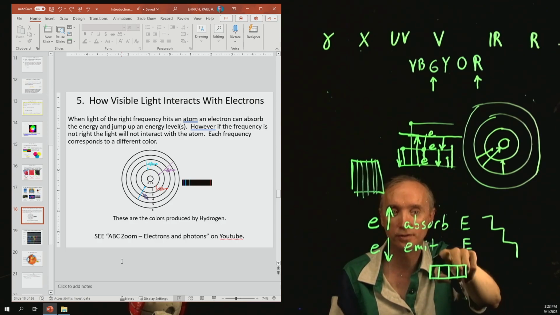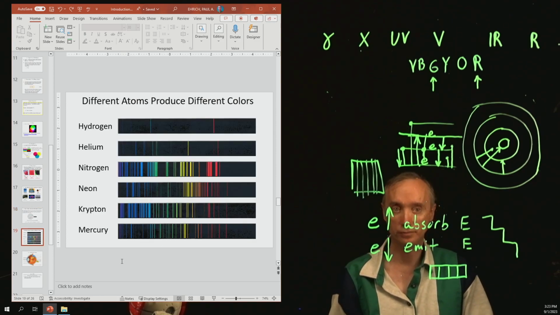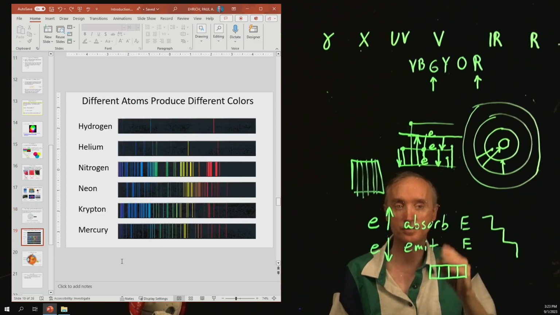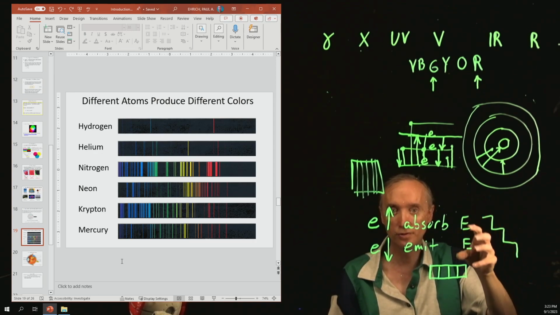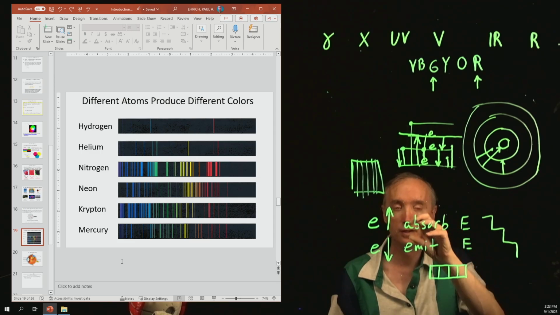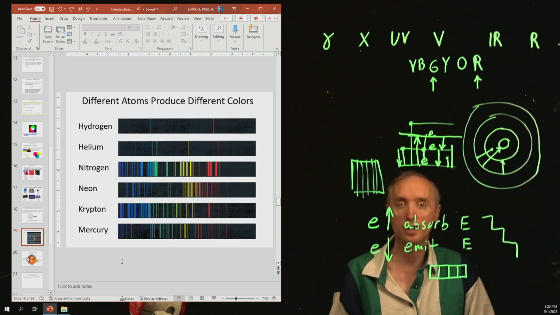So only certain colors of light are going to be emitted by an atom. And every atom is unique. Every atom has a different number of electrons, so it's going to produce a different pattern of light when it's excited. You can see there are the colors produced by hydrogen, the colors produced by helium, and so forth. Every element is unique.